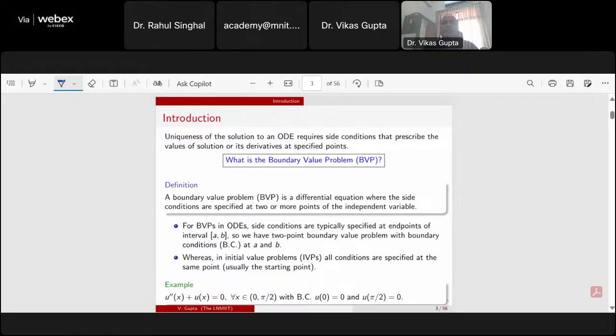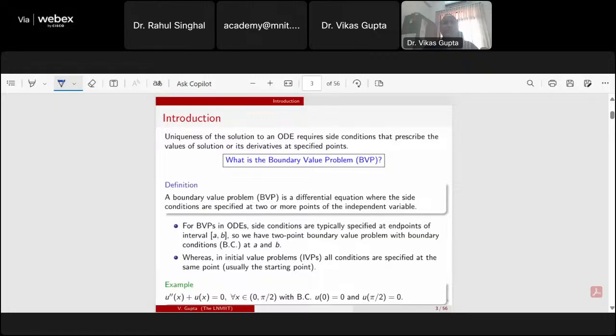Based on that, we can say that the solution of a given ODE is considered as a family of curves. When we give particular values to the constants involved in the solution of the differential equation, we get different curves. So in this sense, the solution of a given ODE is not unique.